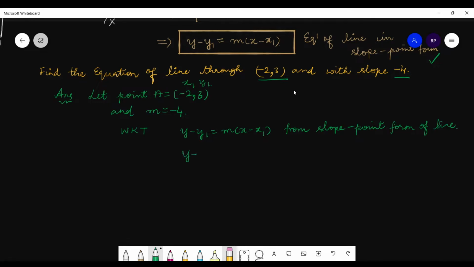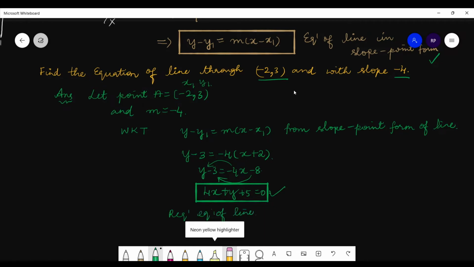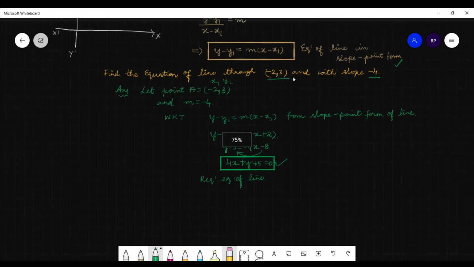So y minus y1 is equal to m, which is minus 4, into x minus of minus 2, which is x plus 2. So y minus 3 is equal to minus 4x minus 8. Make the coefficient of x positive. So 4x, bringing it this side, plus y, if you bring this side, it is going to become plus 5 is equal to 0. So this is the required equation of the line. This is how we use the slope point form.